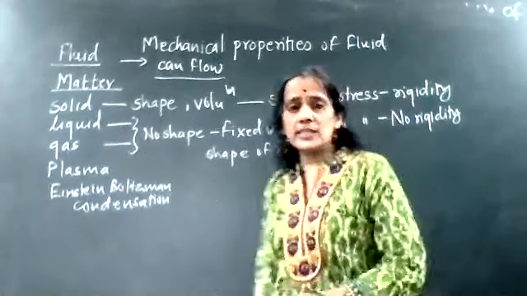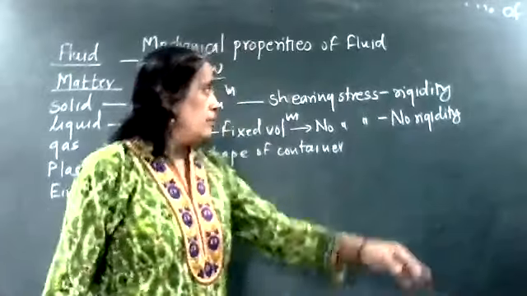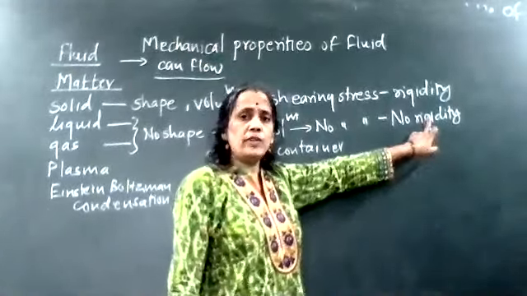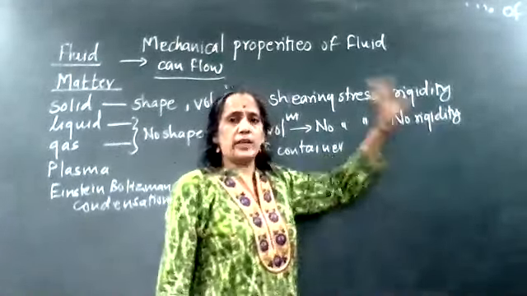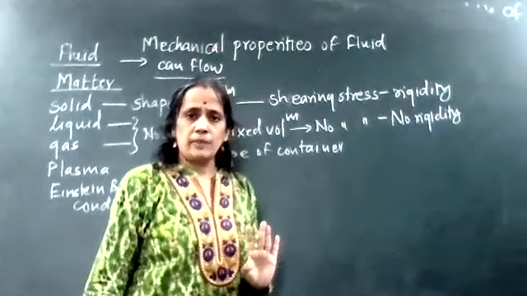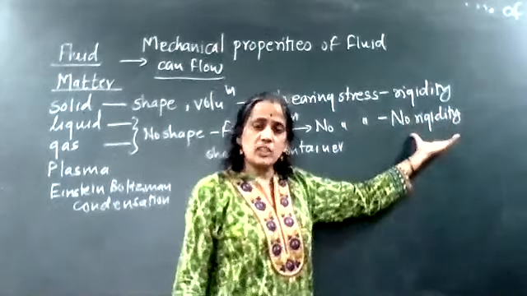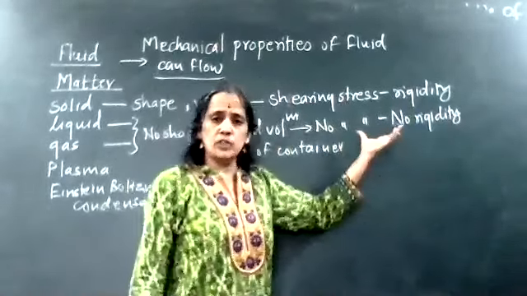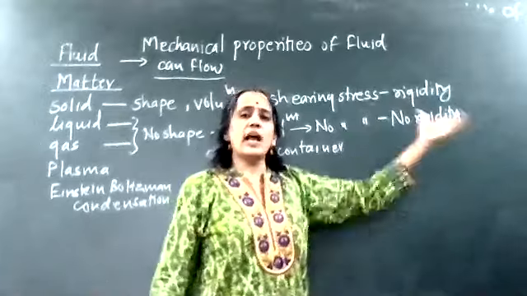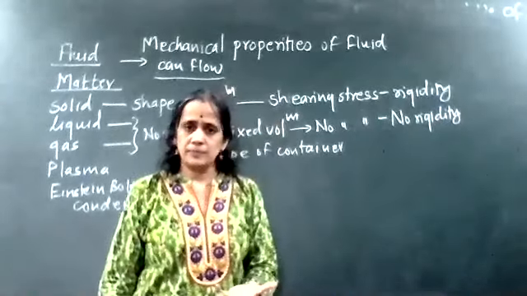So ideally I can say that the modulus of rigidity of liquid, gas and plasma is 0. Is it right? Because it doesn't have a shape, it doesn't possess the property of shearing stress and therefore it doesn't have a modulus of rigidity. Right?